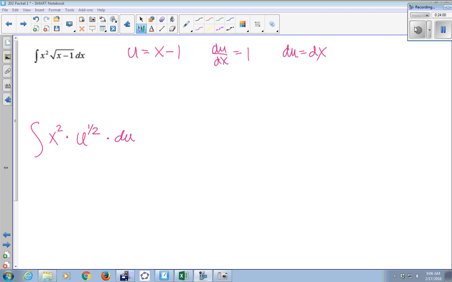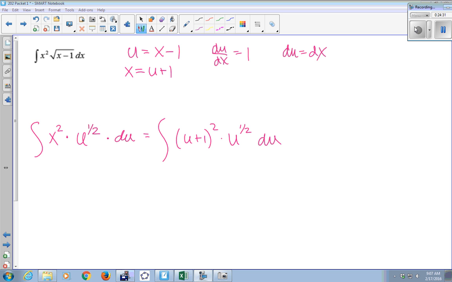Go back to your equation where you defined u. u equals x minus 1. What does x equal if you just manipulate that equation a little bit? u plus 1. So now I could replace anything that still has an x in it with a u plus 1. So this becomes the integral of (u plus 1) squared times u to the 1/2 du.